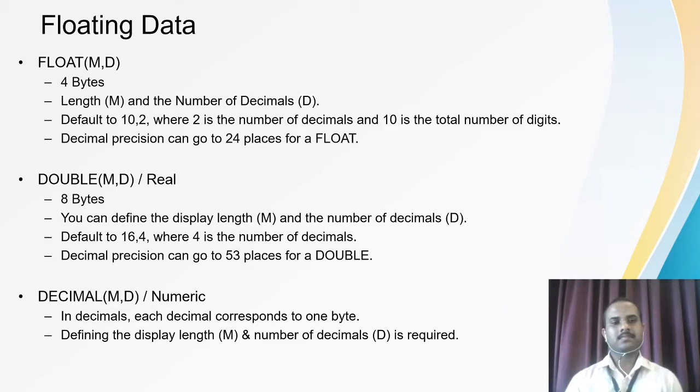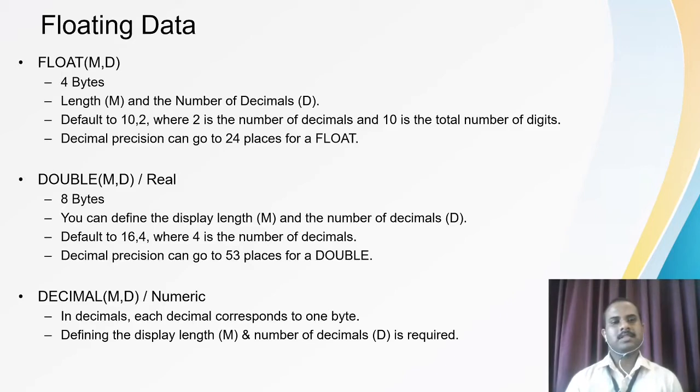Floating data types: we have 3 types here, float, double and decimal. Double is equivalent to real and decimal is equivalent to numeric. In older versions of MySQL, real was equivalent to float, but nowadays real is equivalent to double.